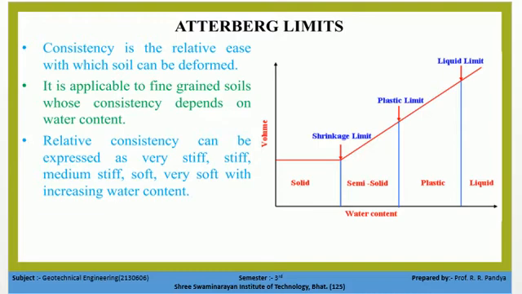Consistency is the relative ease with which soil can be deformed. It is applicable to fine grained soils whose consistency depends on water content. Obviously, fine grained soil has finer particles like silt and clay.